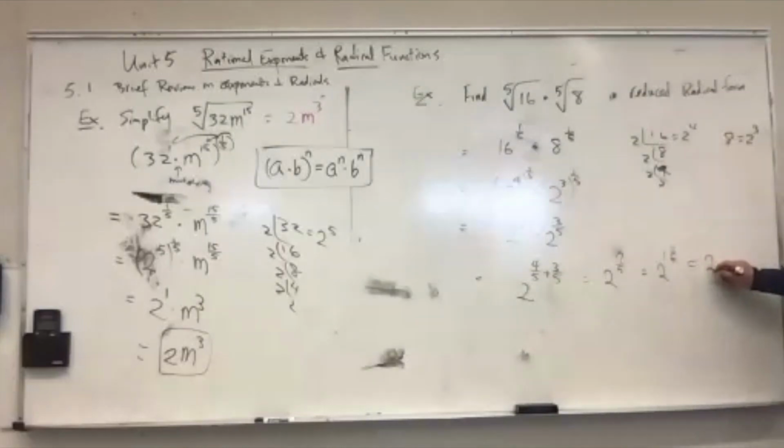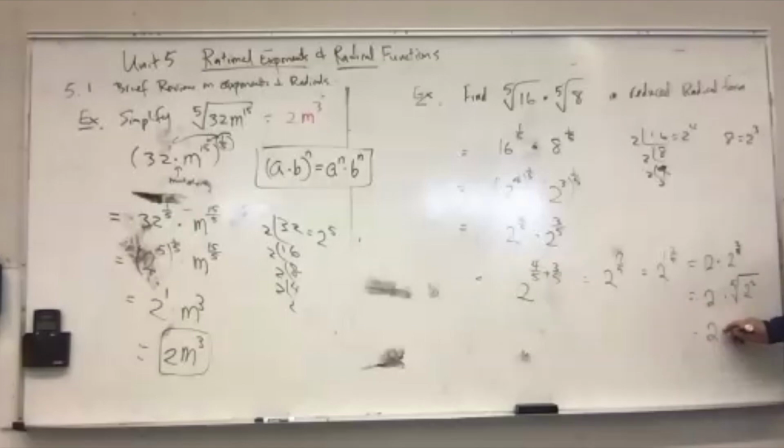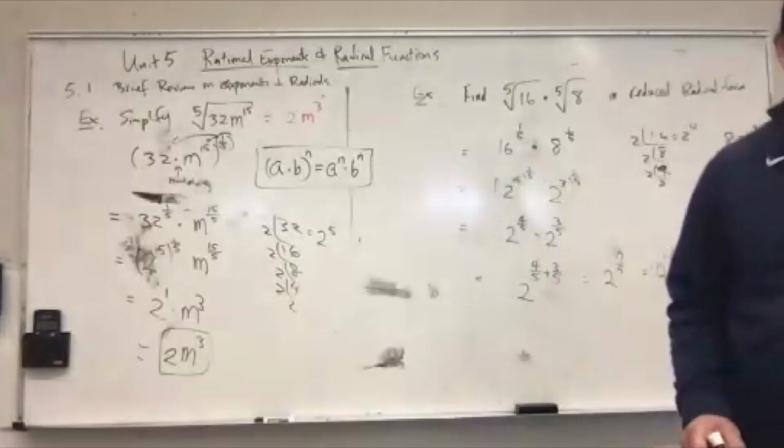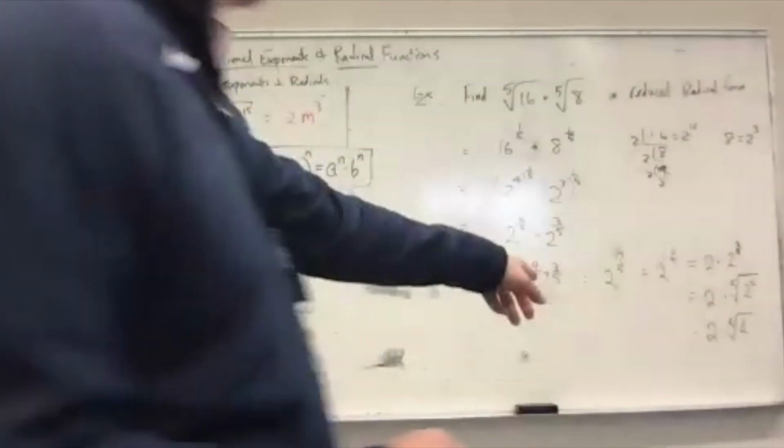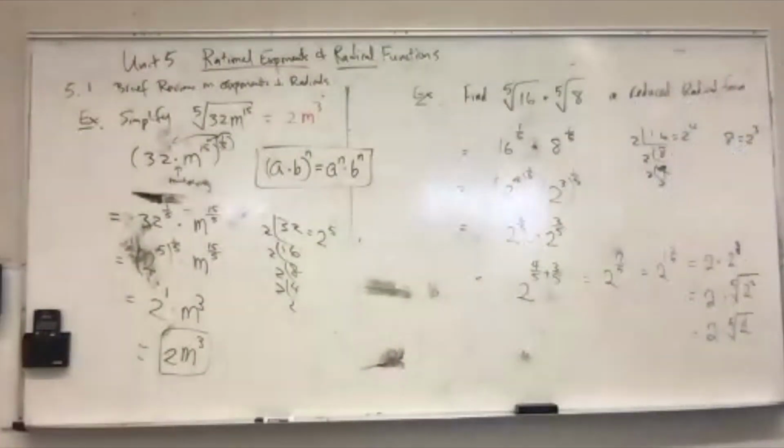So that just means 2 times 2 to the 2/5 power, which is 2 times the fifth root of 2 squared, which is 2 times the fifth root of 4. Right, simplest radical or reduced radical.